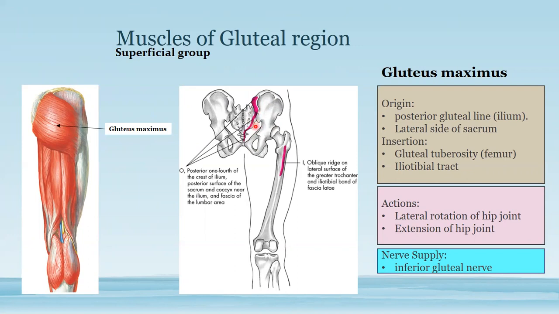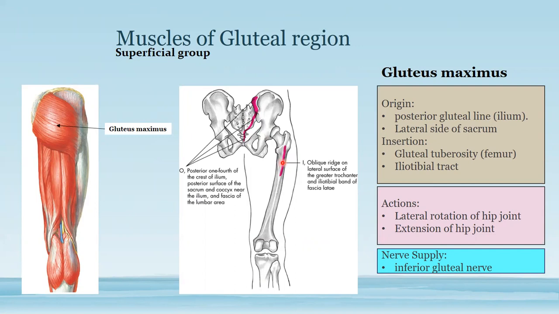Okay, this is the origin. And the insertion of the gluteus maximus is at the gluteal tuberosity of the femur and also the iliotibial tract.